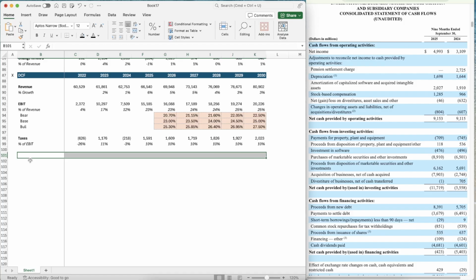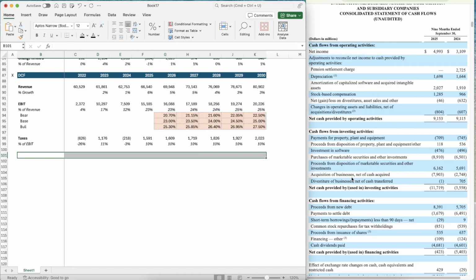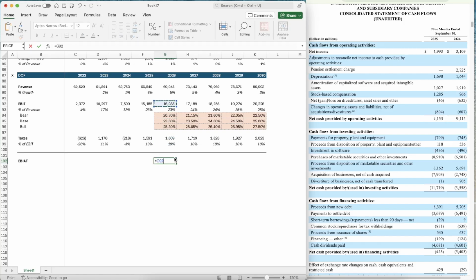So yeah, let's now calculate the EBIT after tax, which is your earnings before interest, but after tax. That is simply, you take your EBIT minus your tax. And there we have it.